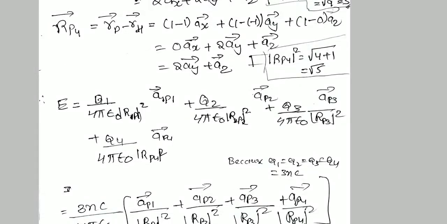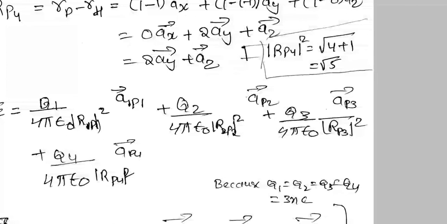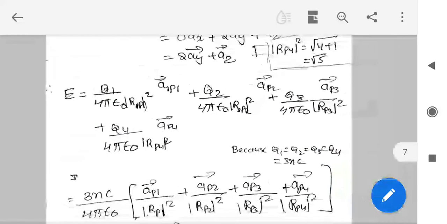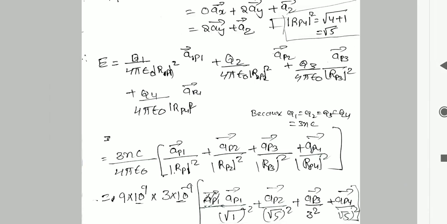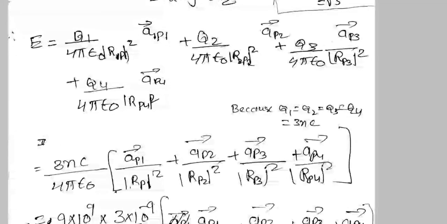After calculating, we know the formula. The total electric field intensity is given by the sum of the electric field intensities due to each individual charge, that is, due to Q1, Q2, Q3 and Q4. Now Q1, Q2, Q3 and Q4 are all the same as per the question, 3 nanocoulomb, and 4 pi epsilon naught is also the same, so we take it separately.